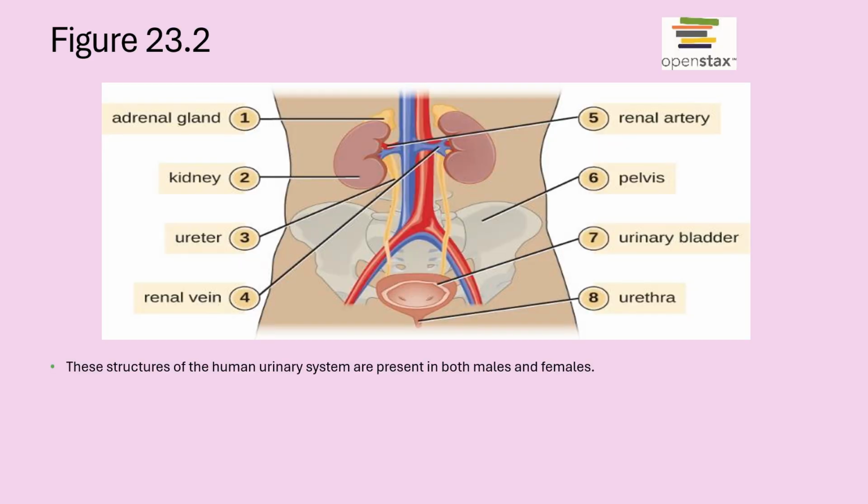In this simple diagram, just as a reminder, you have your kidneys and the urine's going to be produced here, go down through the ureter till it gets to the urinary bladder, and then finally it's released through the urethra.